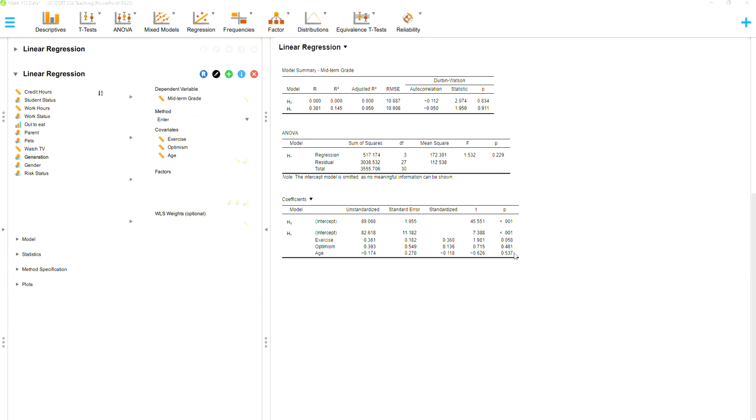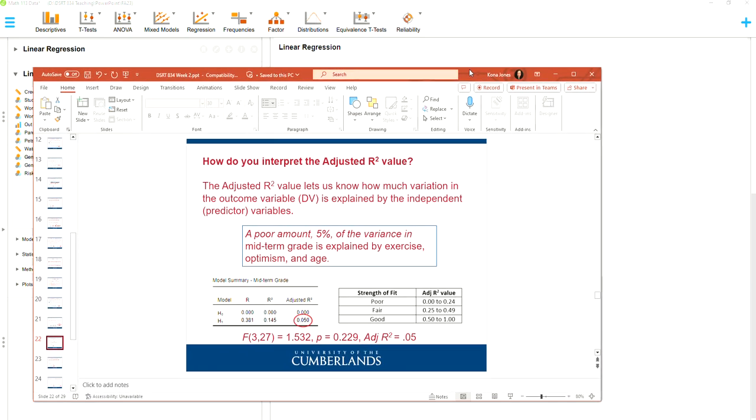If you have at least one significant predictor, you will have a significant overall model, even if only 1 out of 3 is significant. So if the overall model p-value is not significant, you automatically know that none of your predictors are significant, because if at least one was significant, your overall model would be significant. Just a fun fact there.